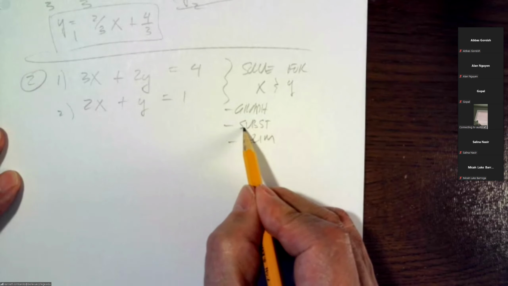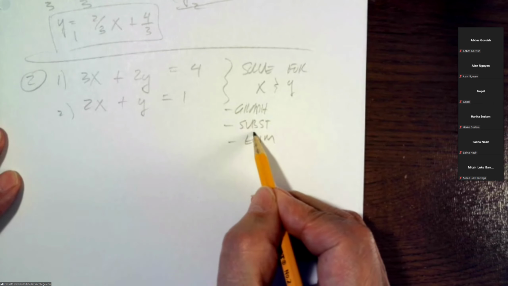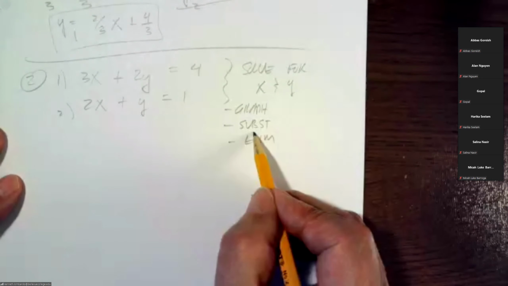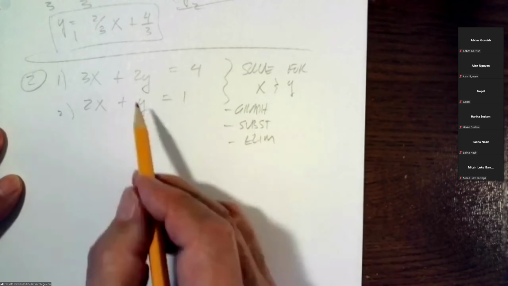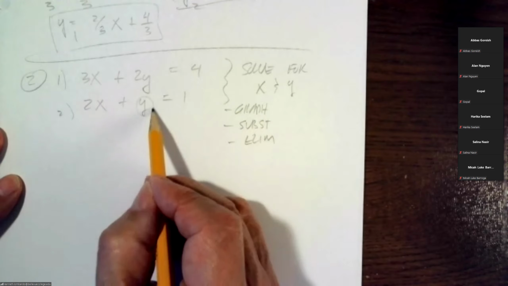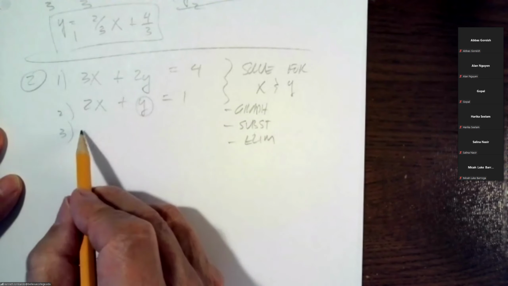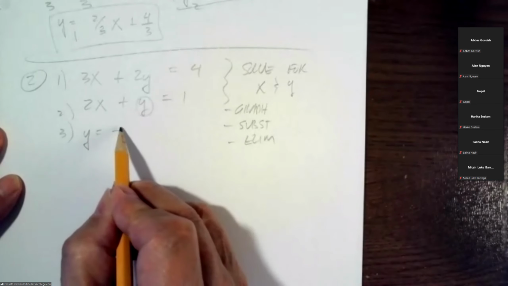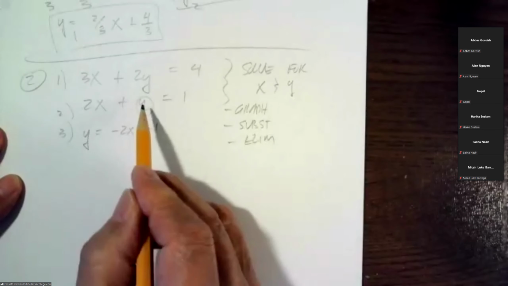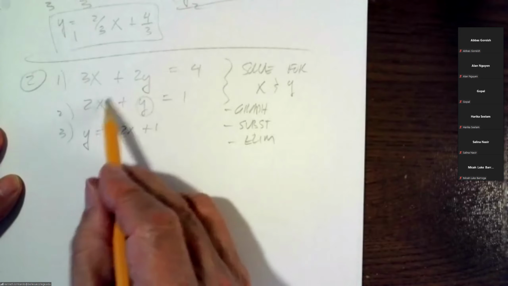With substitution, what you want to look for is whether it's easy to solve for one of the variables so that we can plug it into the other equation. Well, this y is sitting here all by itself. We can create equation 3 and say y equals negative 2x plus 1, just solving this equation for y.